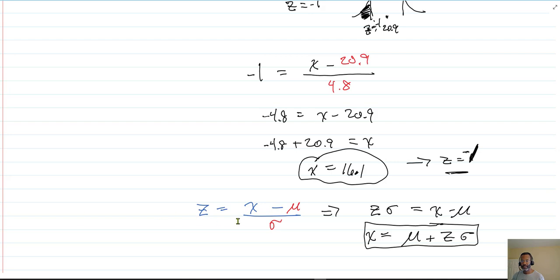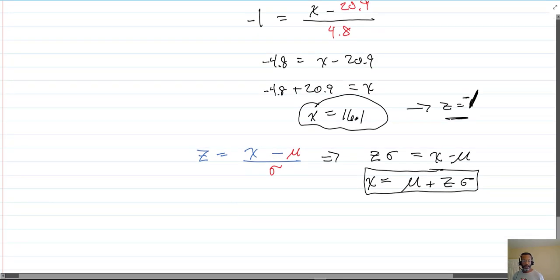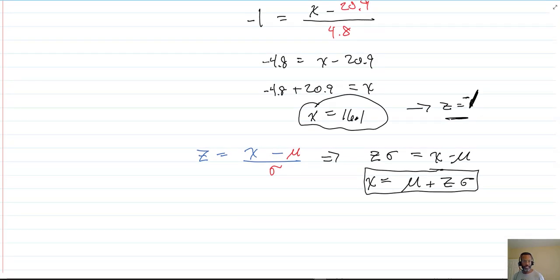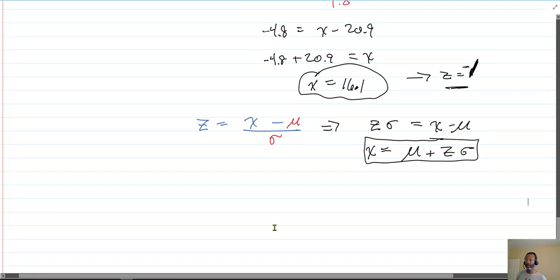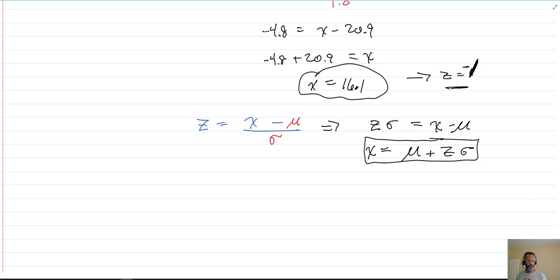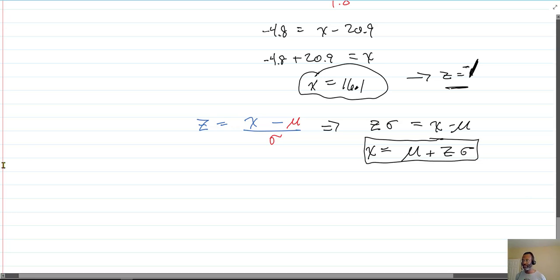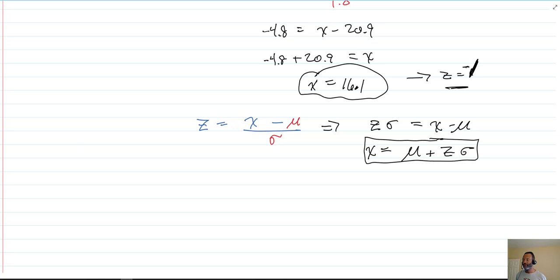And since 95% of all events on a normal distribution happen within 2 standard deviations, we're going to say z-values between -2 and +2 are considered usual or expected.